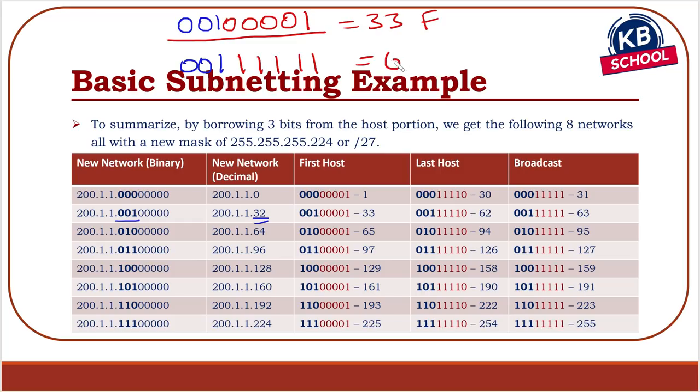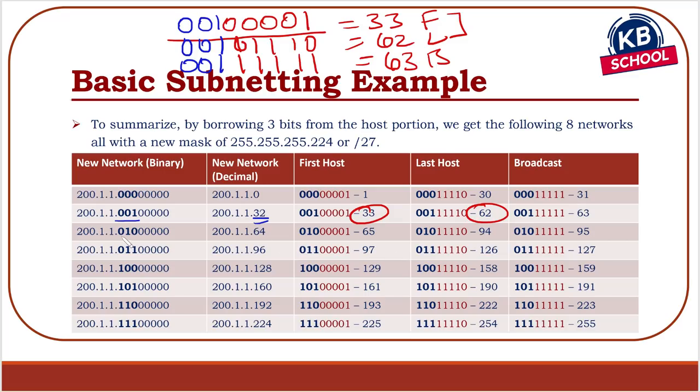So 63 over here becomes my broadcast, and 11110 becomes my last usable address on this 32 network, which turns out to be minus 1 from here because I'm taking the 1 off, which is 62, the last usable one. So that's what this is.